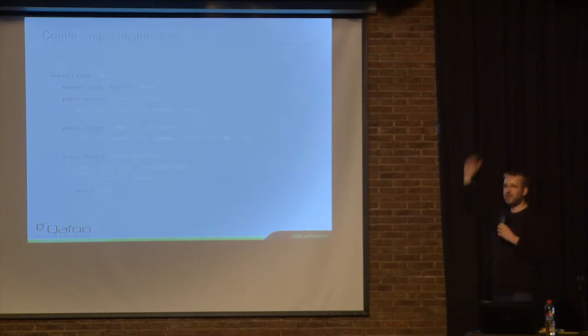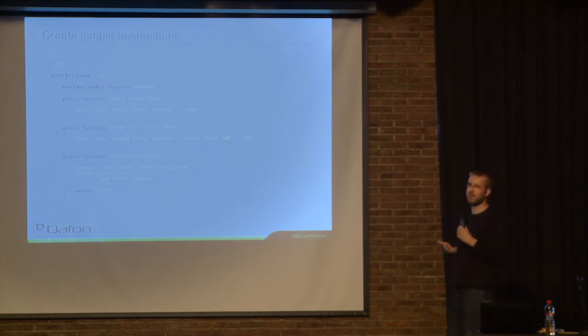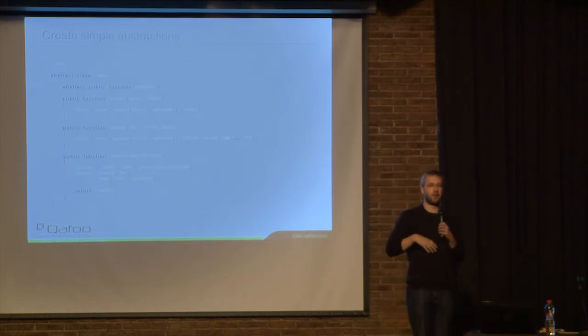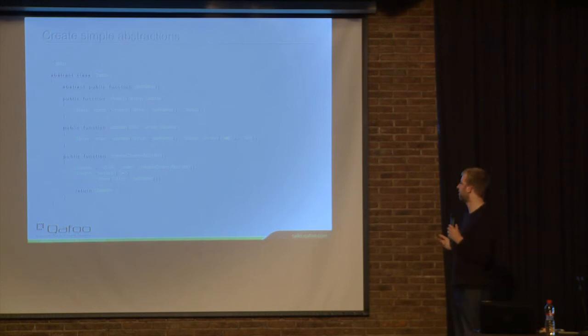Using just this functionality I've shown, we can already start and create simple abstractions. We know that we have tables in our project, so we could create a class called table and use an abstract method for the name of the table to create code for inserting, updating, maybe simple finder methods, or simple methods to create a query builder for exactly that table.